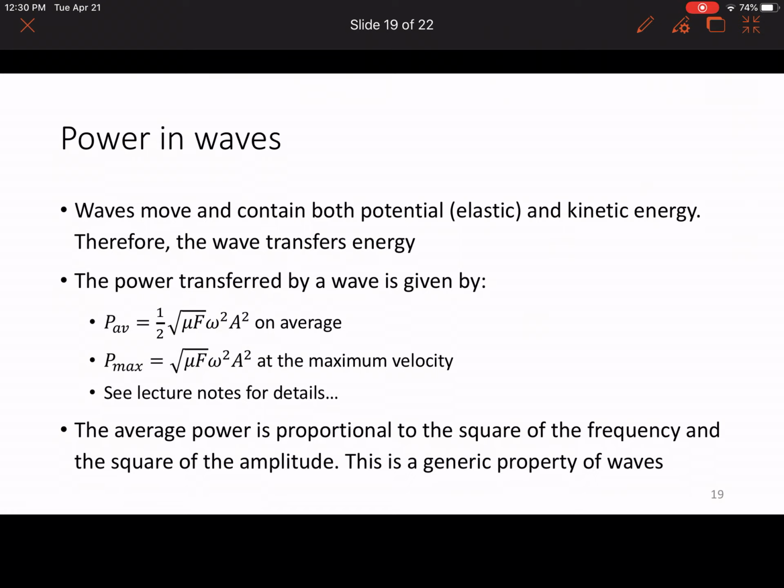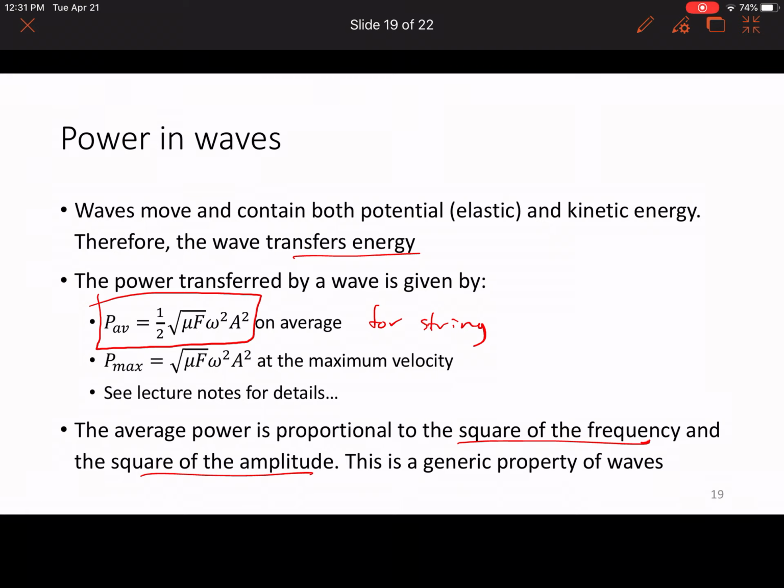So the big takeaways are that waves transmit energy or power. The average power, this is the big formula we will use, is 1/2 root mu F omega squared A squared for waves on a string. And the average power, you'll notice, is proportional to the square of the frequency and the square of the amplitude. For those of you who continue with me, let's say to 2326 or even further on, you'll see this is actually a very general property of wave physics.